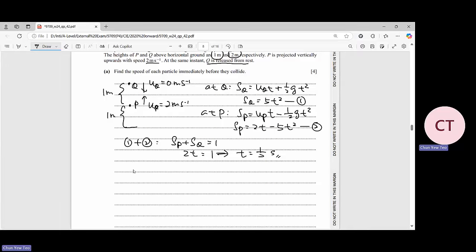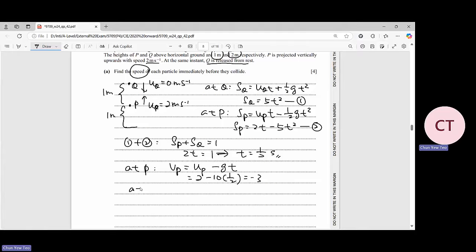And we want to find the speed of each of the particles. So at P, the speed is given as VP equals UP minus gt. So this one will be 2 minus 10 times half. You get negative 3.